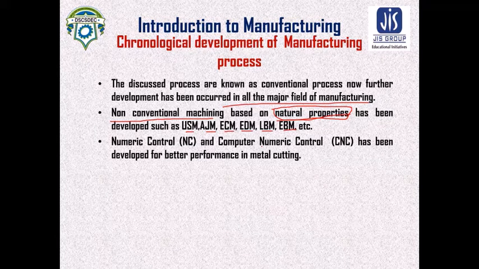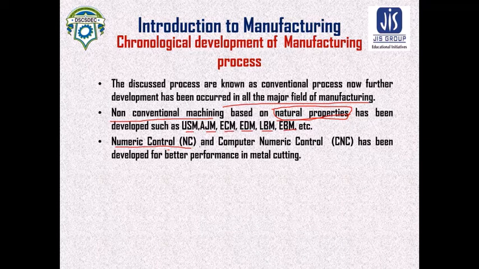To minimize this error and to get a higher production rate, numeric control was introduced. In numeric control, a punch card with a set of instructions can be fed into the machine tool.